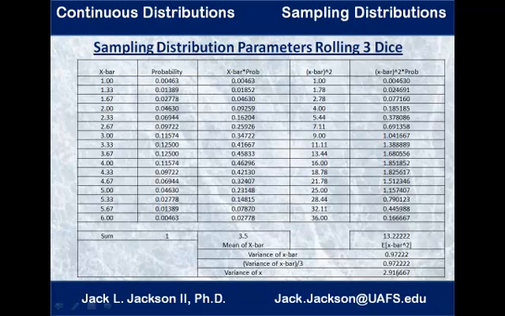In fact, if you take the variance of the x's and divide by the sample size, divide by 3, we once again get the variance of the sampling distribution. In other words, the variance of the x bars is the variance of the x's divided by n. Very interesting result there. A lot of computations here. It starts getting very useful to have a spreadsheet to help us with this.